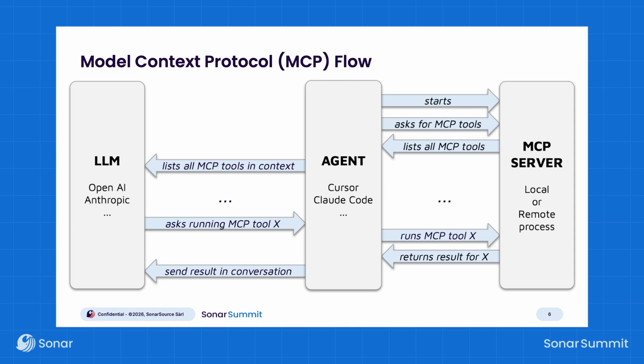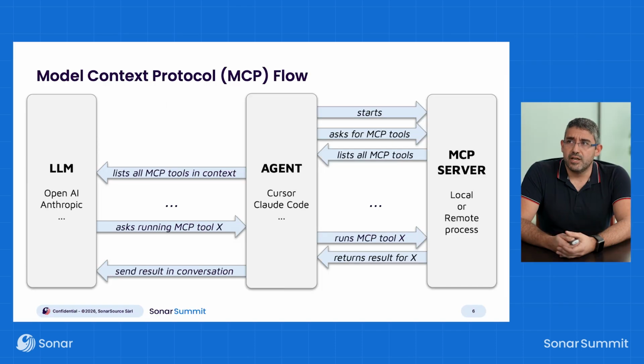Okay, just a short description of how the Model Context Protocol works. Essentially, the Model Context Protocol is a protocol that allows the agent to be extended with additional tools on top of the ones which are available to the agent by default, and which are exposed by an MCP server. So the agent will start an MCP server and ask for MCP tools. The MCP server will reply with a list of MCP tools, and those MCP tools are added to the LLM context.